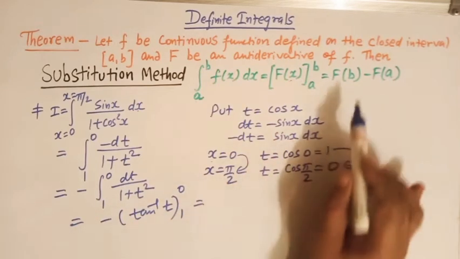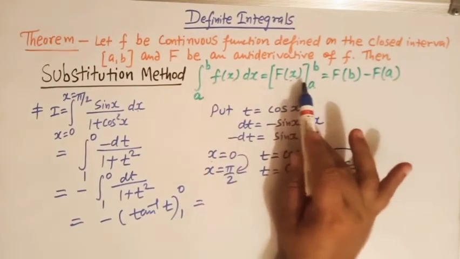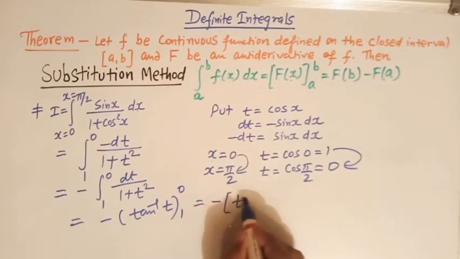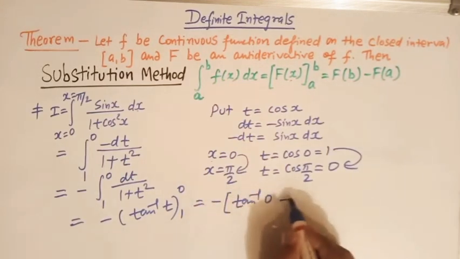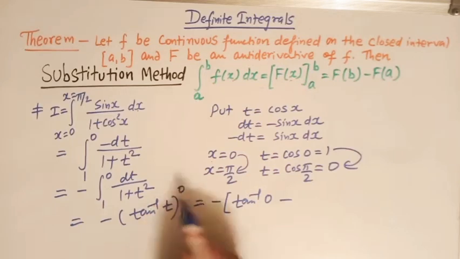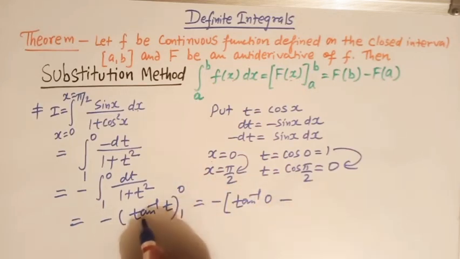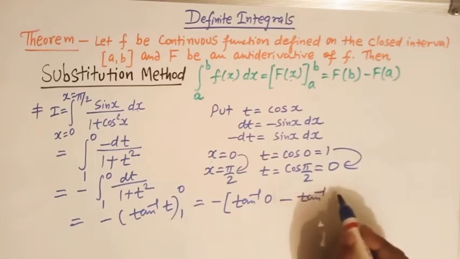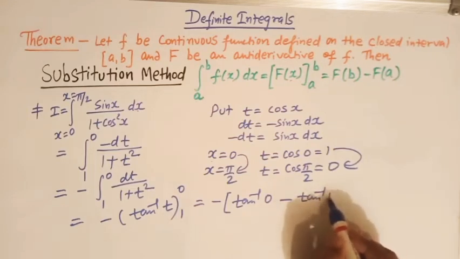Now we'll apply the rule: first we find the value of tan inverse t at t equal to 0, then minus the value of tan inverse t at t equal to 1.